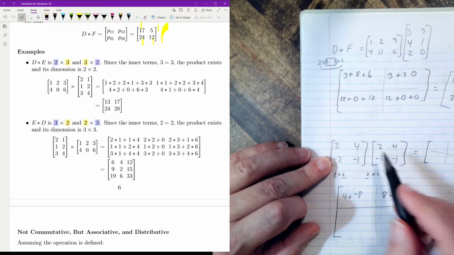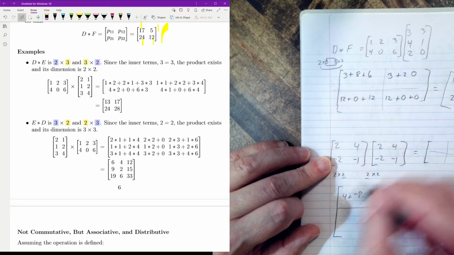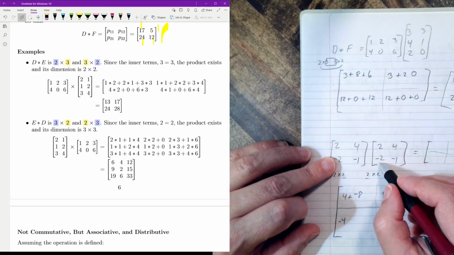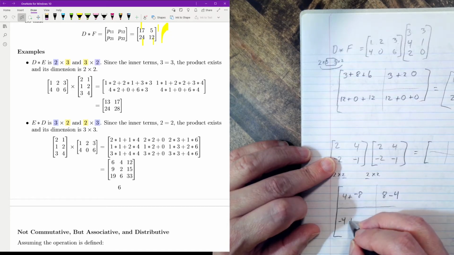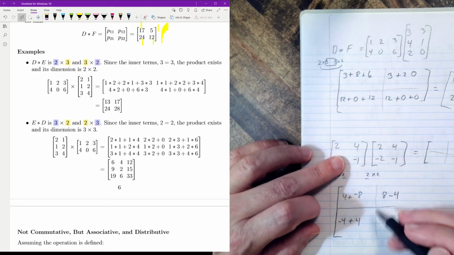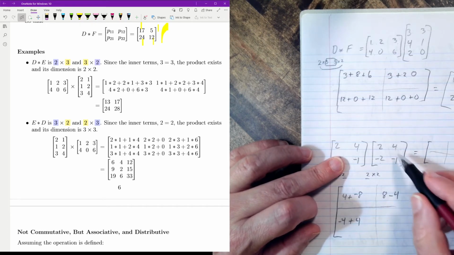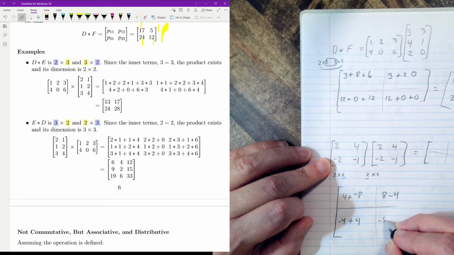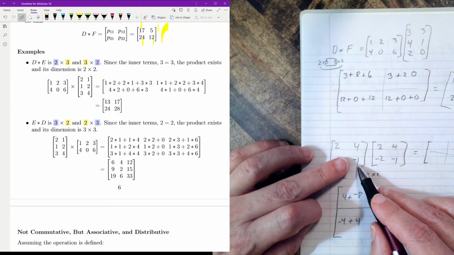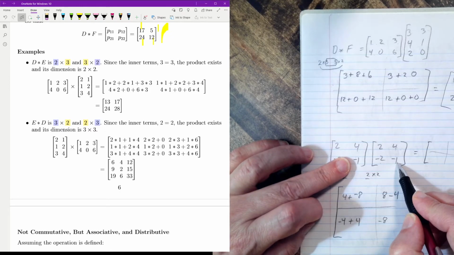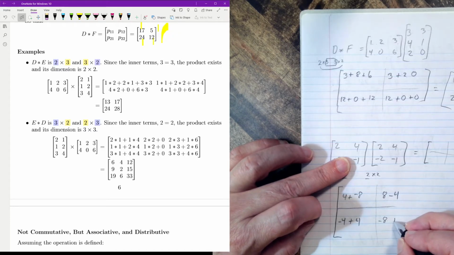Second row, first column, minus 2 times 2 is minus 4. Minus 2 times minus 2 is plus 4. Second row, second column, minus 2 times 4 is minus 8. Minus 1 times minus 1 is 1.